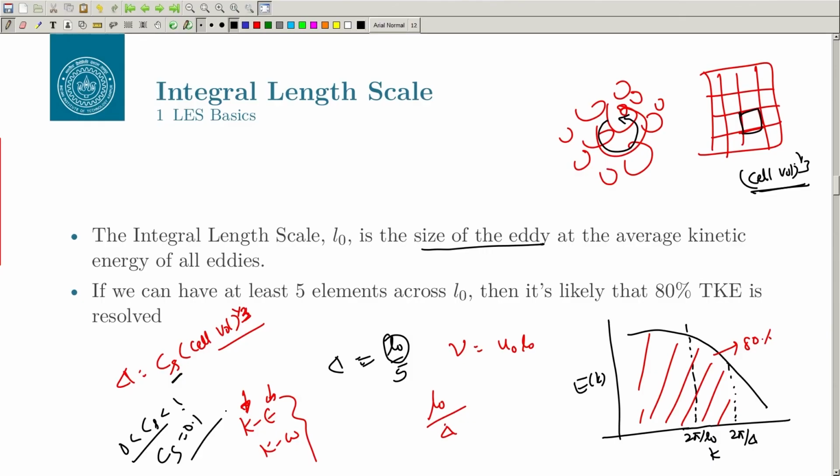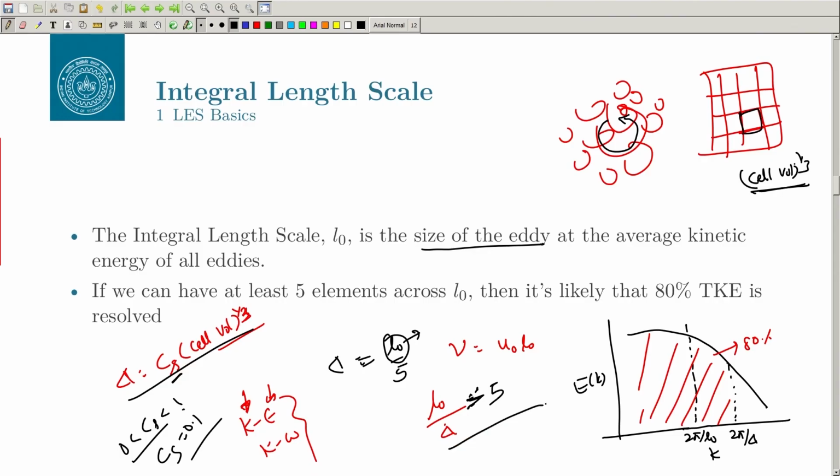So you can calculate the value of delta using this relation, and L naught you know from your relation of k and epsilon or k and omega, and you should ensure that the ratio L naught by delta is greater than 5.